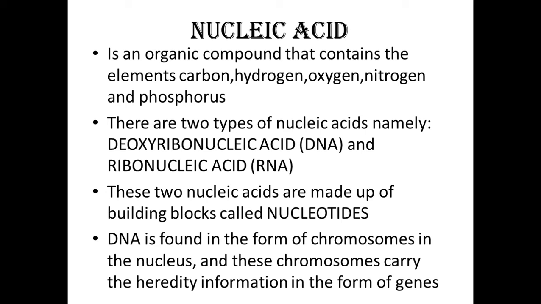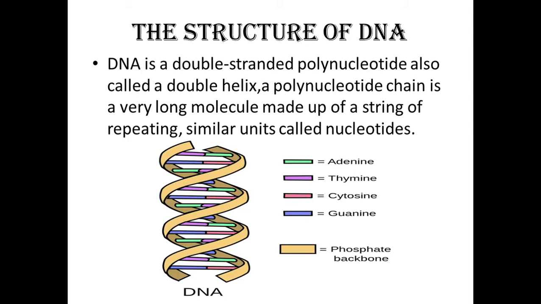These two nucleic acids are made up of building blocks, or rather monomers, called nucleotides. The DNA is found in the form of chromosomes in the nucleus, and these chromosomes carry the hereditary information in the form of genes.